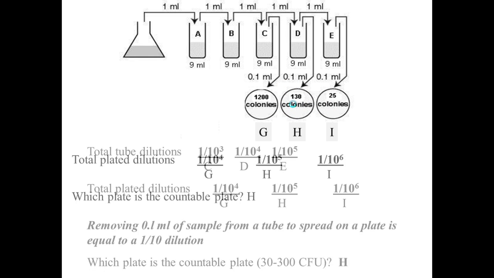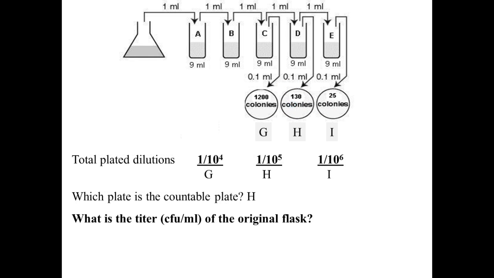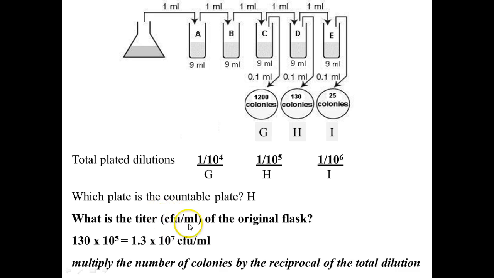You take that number to get your titer, your concentration in CFUs per milliliter, you take your number of colonies by your total plated volume. So here it's saying for H it is 10 to the 5th. You just multiply, put it in scientific notation, and this tells you about how many bacteria would be in a milliliter of our very original sample we started with.